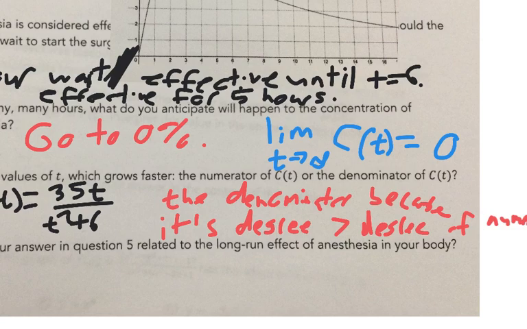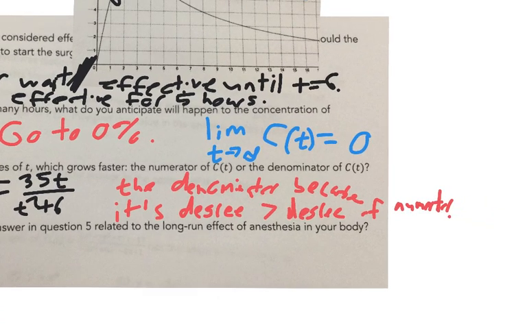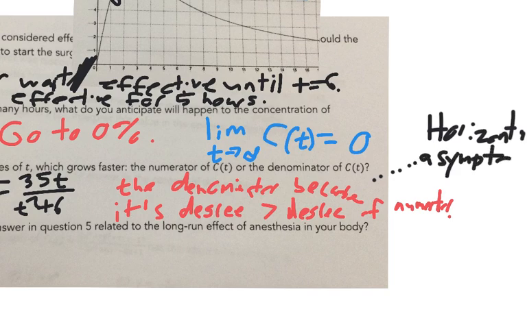When this happens, when the degree of the denominator is greater than the degree of the numerator, we have a horizontal asymptote at y equals 0.